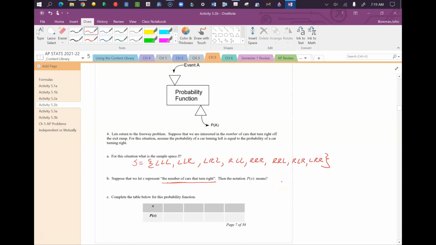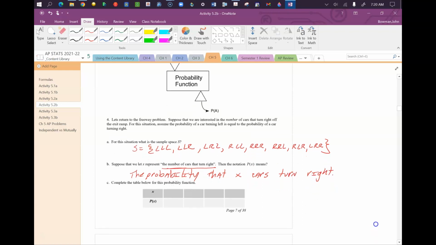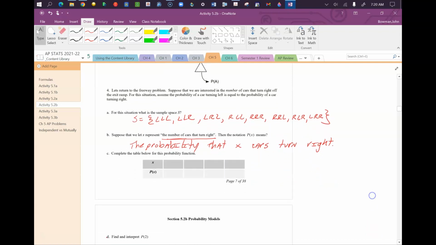The notation P of X means the probability that X cars turn right. And we can represent this probability model with a probability function.